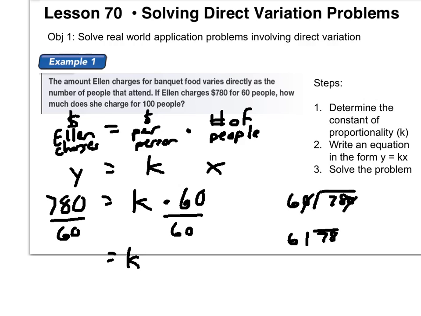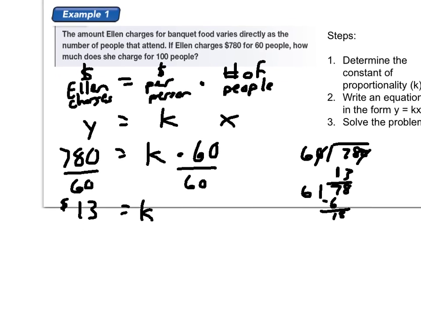Well, 6 goes into 7 one time. I get 18, and 6 goes into 18 three times. So that's $13 per person that she's going to charge. And now I'm going to use that to write an equation in this form, where I'm going to plug in my number for k. That was all step 1 right there, figuring out what k is.